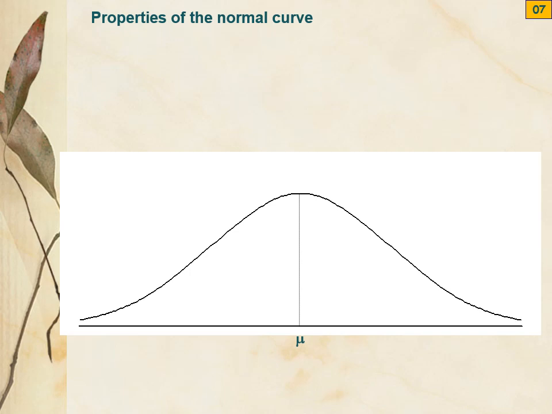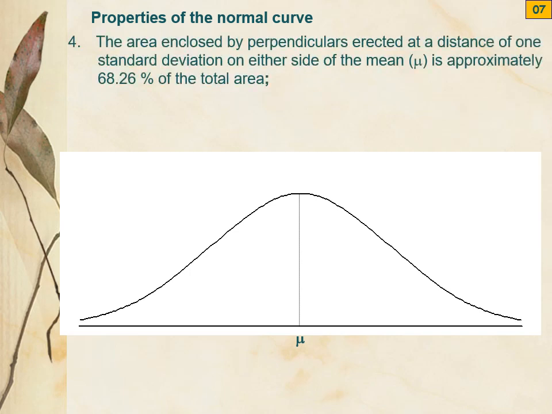Another property which you are supposed to remember is this area. If a variable follows normal distribution, the area within the 1 sigma limit, meaning the area enclosed by perpendiculars at a distance of 1 standard deviation, that is 1 sigma, on either side of mu is approximately 68.26%.